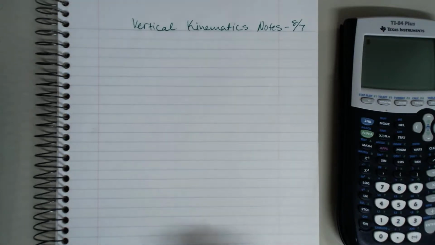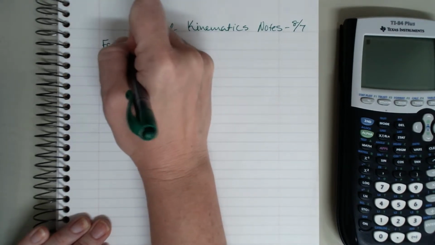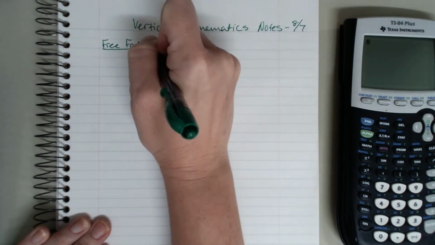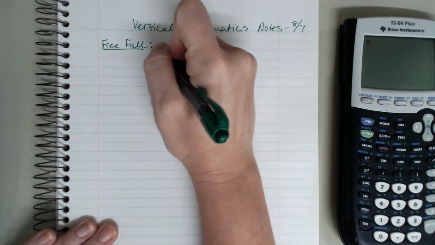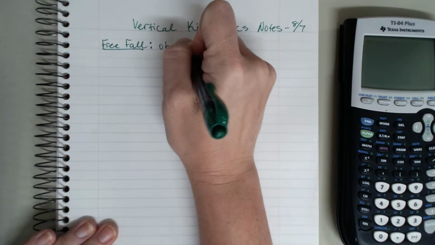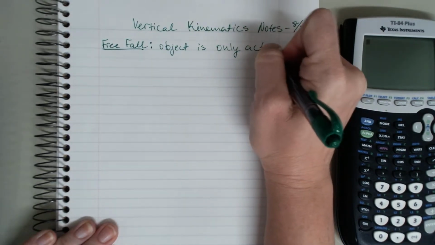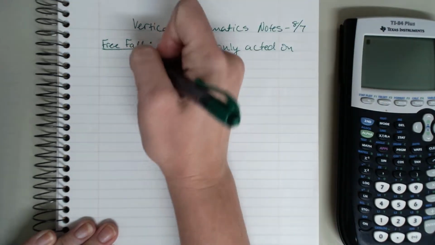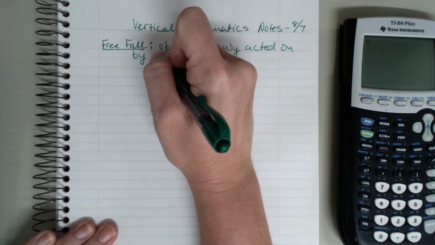All right, so let's start with a little bit about what we're doing. We're doing things that are in free fall at this point. So what does free fall mean? That means an object is only acted on by gravity.